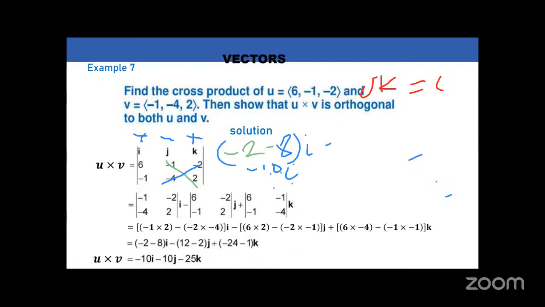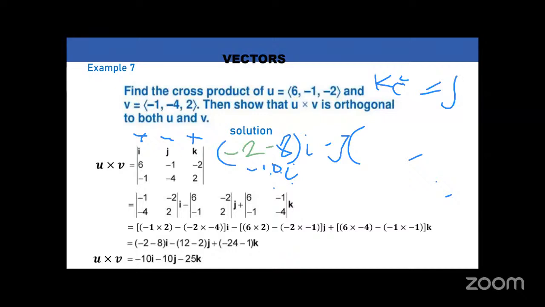Then minus j. To get a minus j, it means that I will have to multiply a k and I. If I multiply a k and I, it will give me a j.